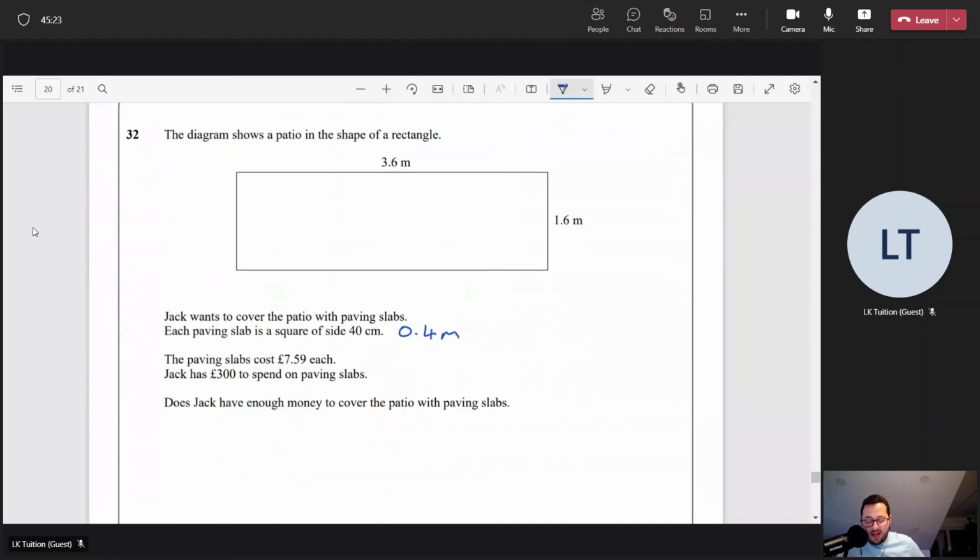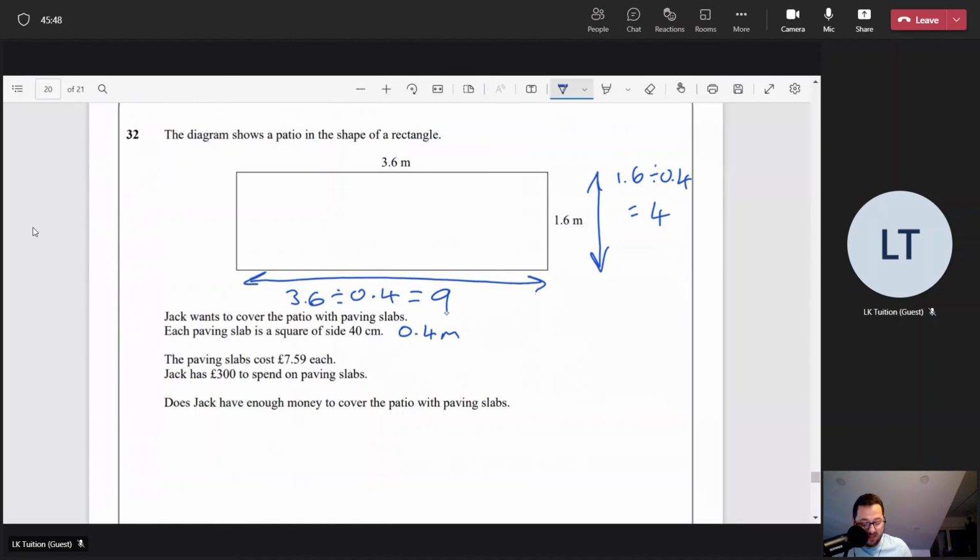Well, we need to figure out how many paving slabs he needs. So up and down, it's going to be 1.6 divided by 0.4. And that's just going to give us 4. So he needs 4 going up and down. And then going across, that's going to be 3.6 divided by 0.4, which is 9.